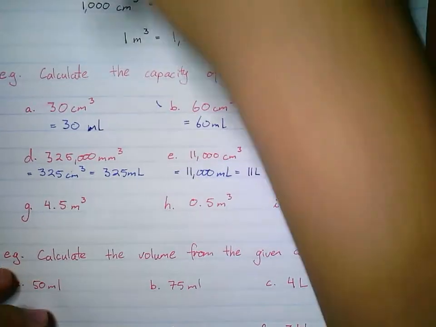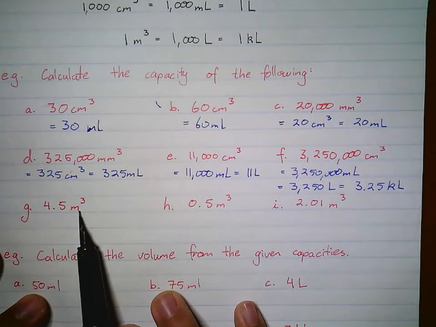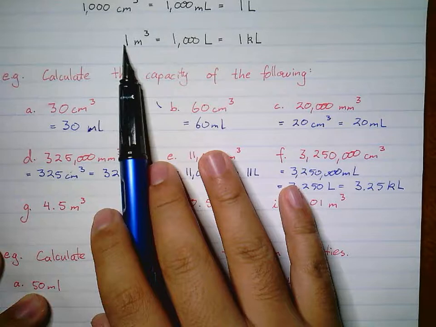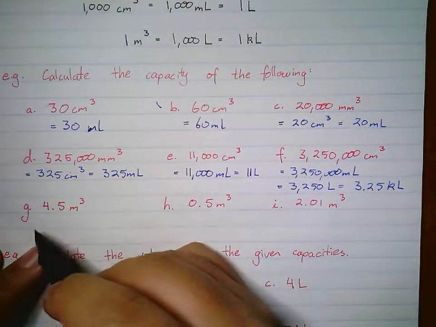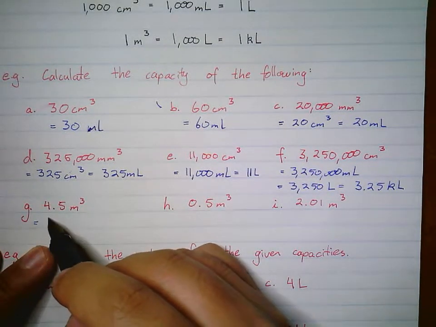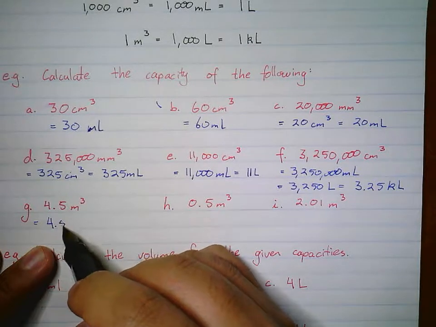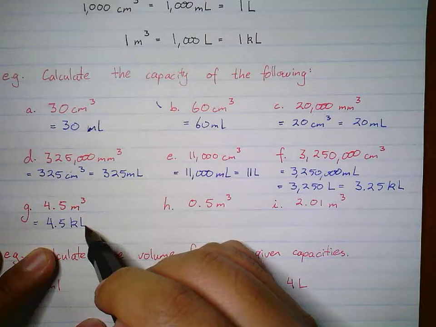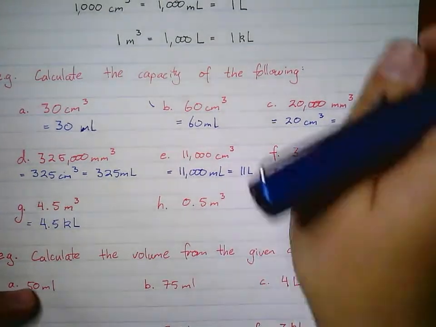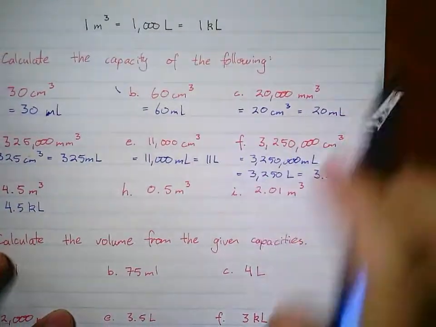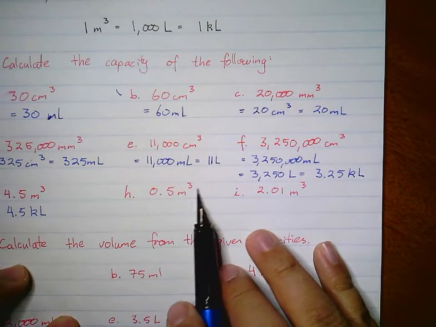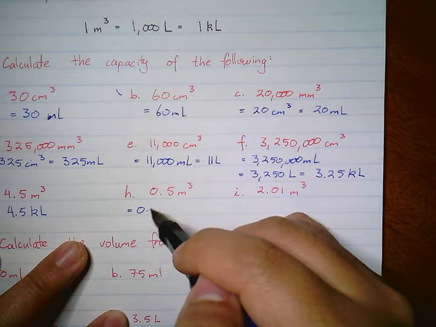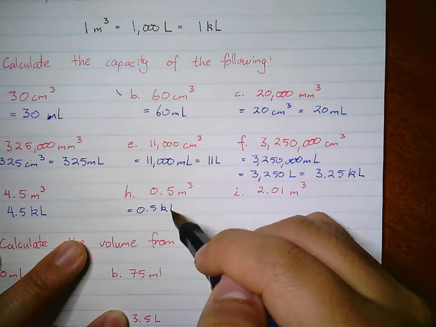Since we have here meter cubed, we can convert straight into kiloliters. 1 meter cubed is 1 kiloliter. So this is an easy conversion that goes from 4.5 meter cubed to 4.5 kiloliters. We have here half a meter cubed, which will give us 0.5 kiloliters.